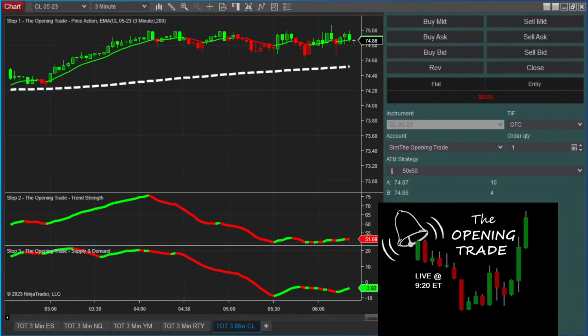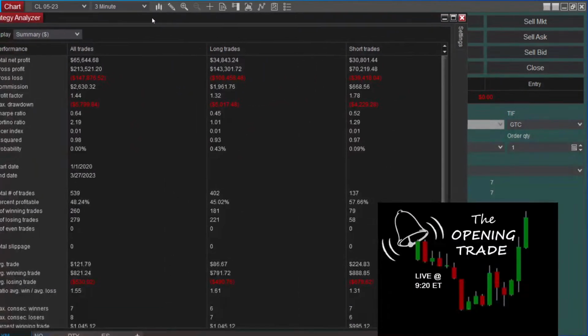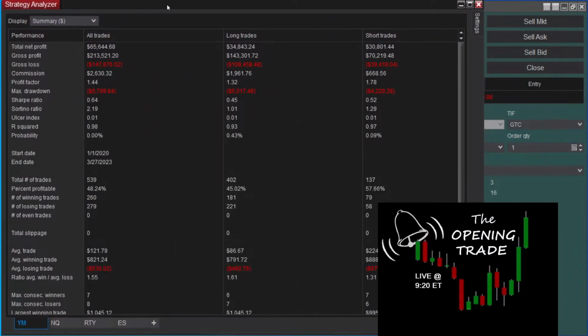All right, so let's take a look at the backtest results from the previous 90 plus days. We will possibly see these systems trade later in this live stream. So here are the backtest results, and you see it's actually 90 plus.